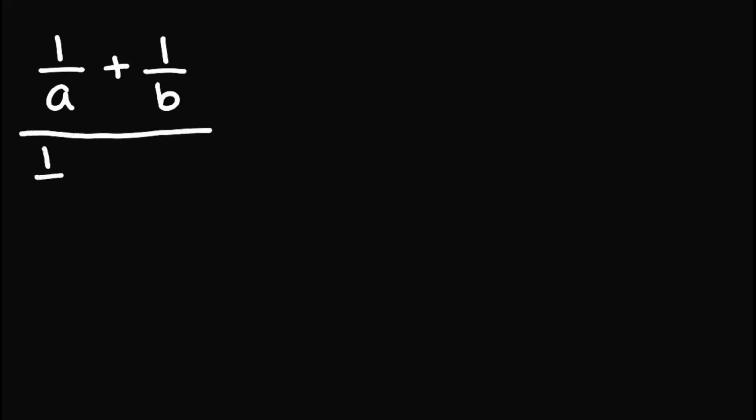Let's have this second example. Let's have 1 over a plus 1 over b all over 1 over c plus 1 over d. So what do we multiply on this one?